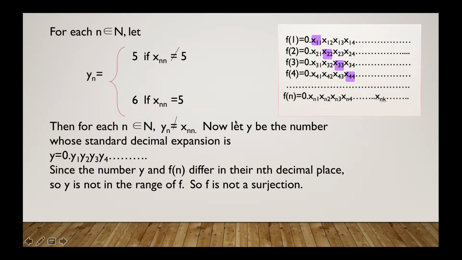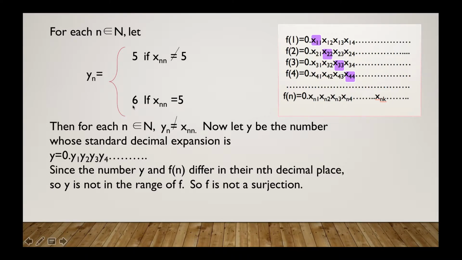We let y be the number whose standard decimal expansion is y equals 0.y_1 y_2 y_3 y_4, and so on. We define y_n equals 5 if x_nn doesn't equal 5, and y_n equals 6 if x_nn equals 5.